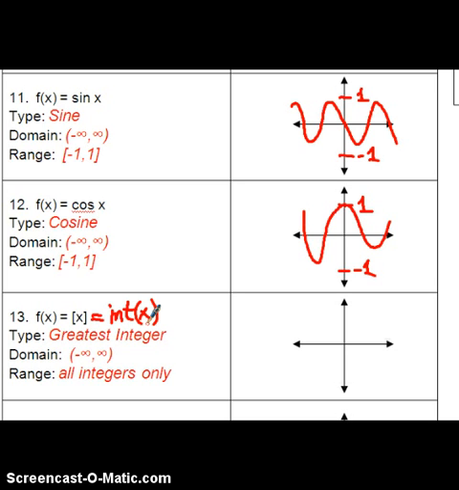And what that means is the output will only be whole numbers. And this graph is like a staircase of segments, and goes infinitely up. So it's like a staircase going upward, and that's what it looks like.